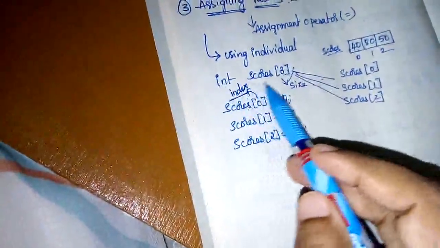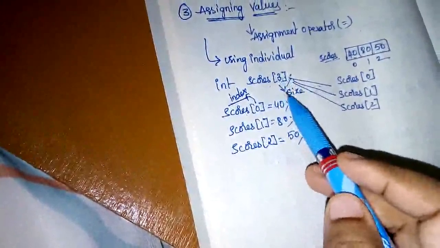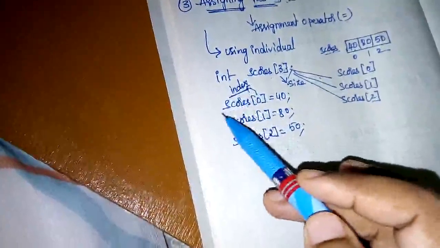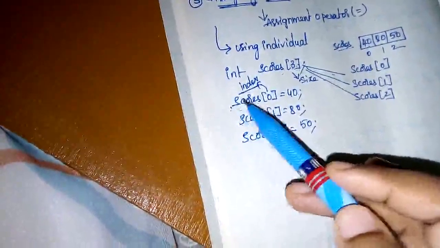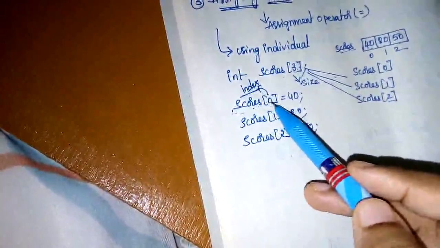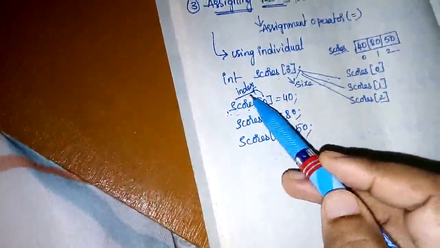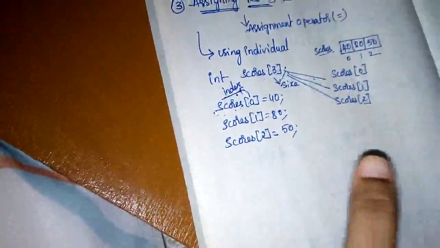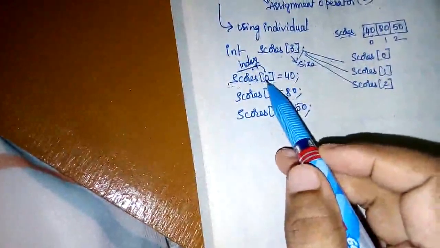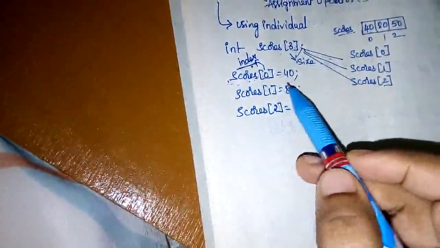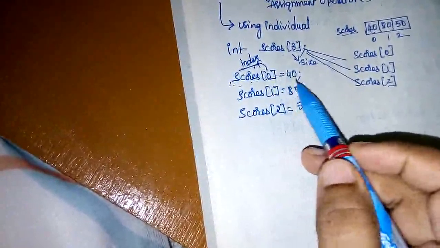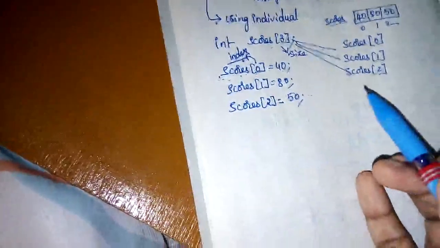If you declare and write something here, that will be the size. Without any declaration, if you directly use the name of the array and mention some number here, that refers to the index of that element. So with this index reference, we can assign each individual value to its individual element in an array.